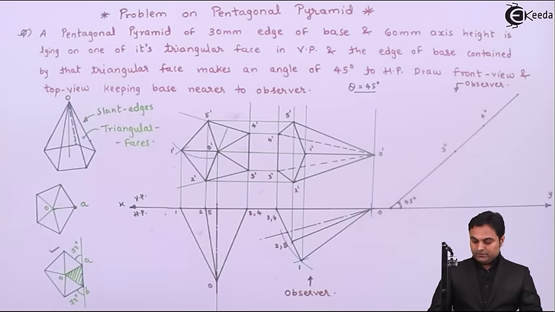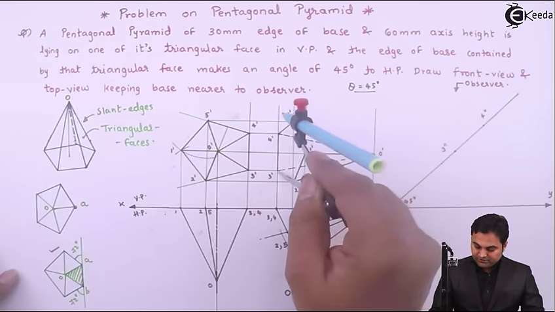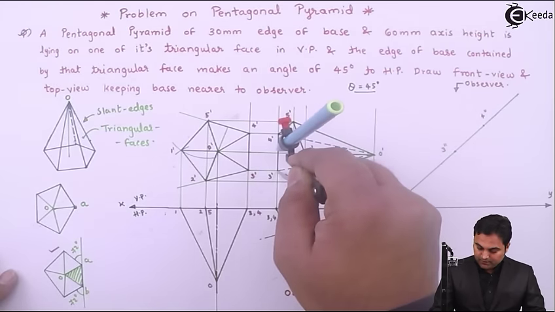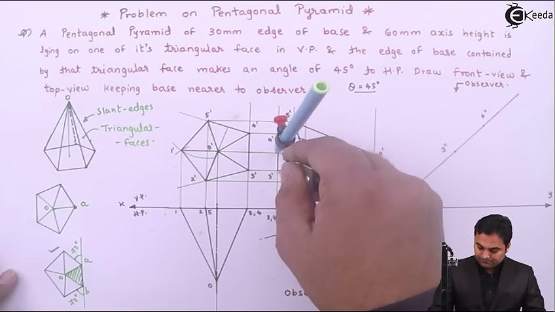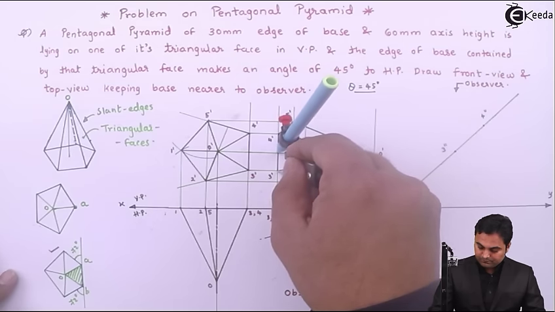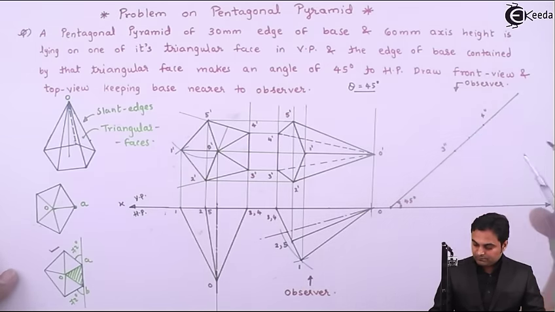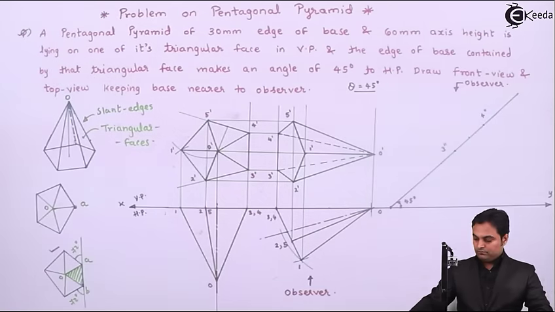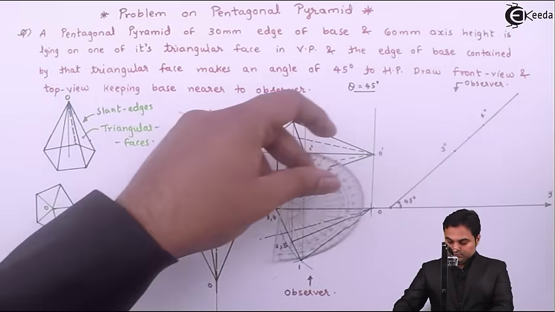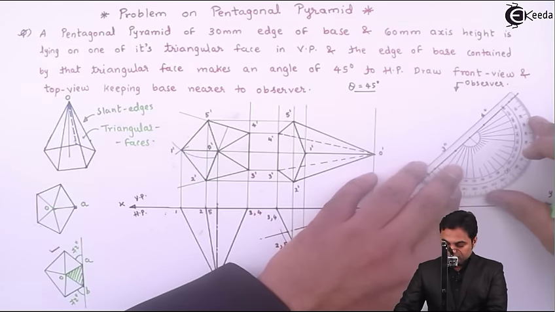Next, I'll measure the distance from 3 dash up to this green line. Drawing a perpendicular through this midpoint.